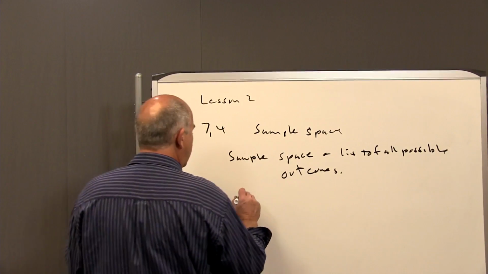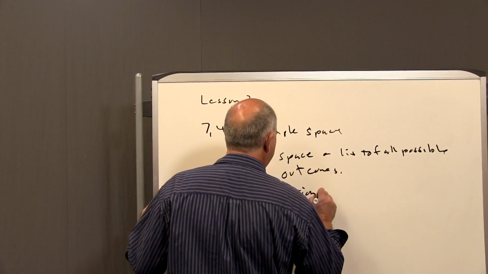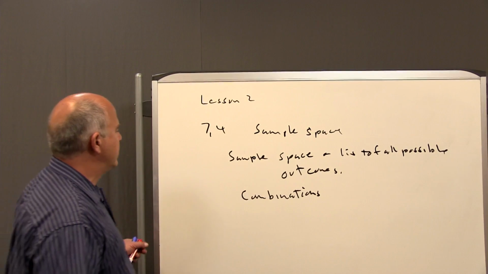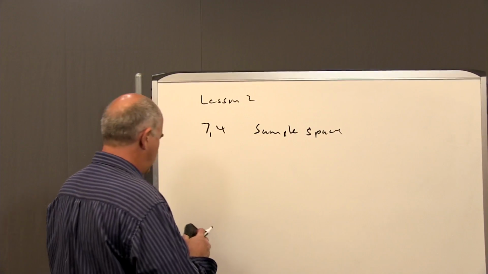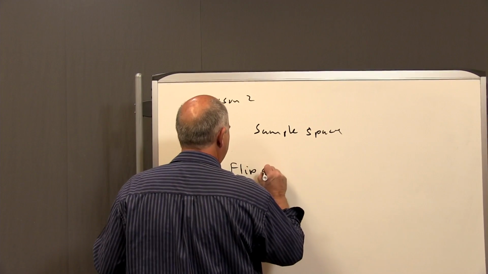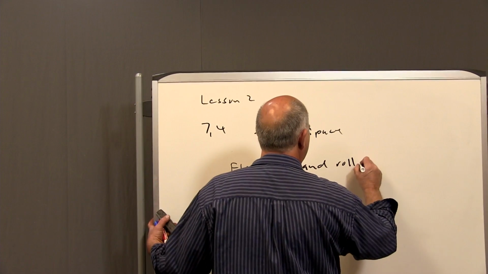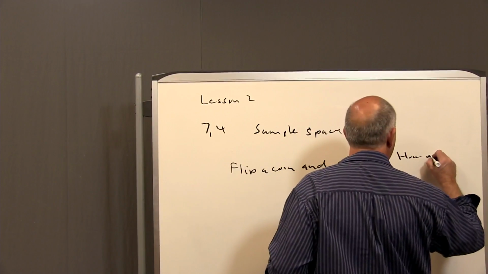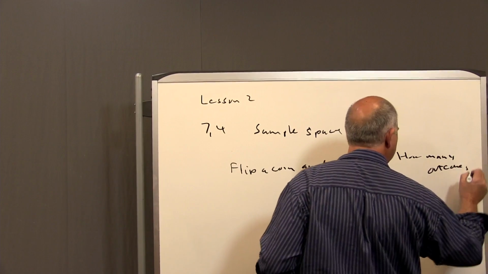And you have to think combinations. Frankly, it's the multiplication principle all over again. So, for example, if I have you flip a coin and roll a die, how many outcomes, or draw the sample space, right?